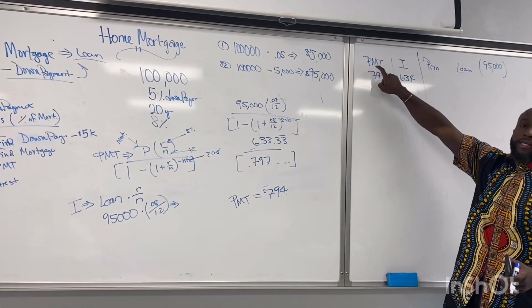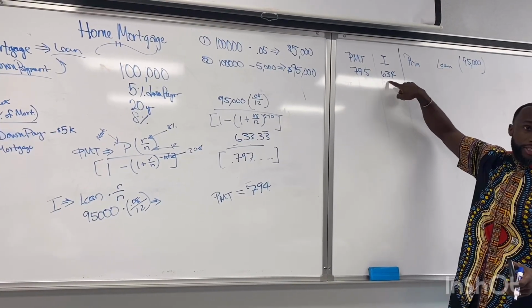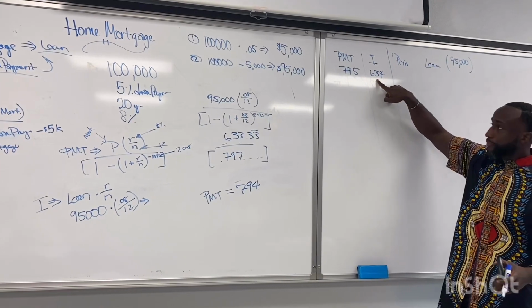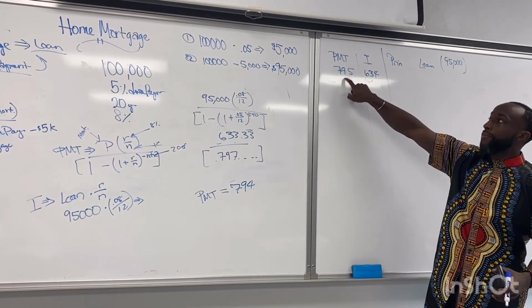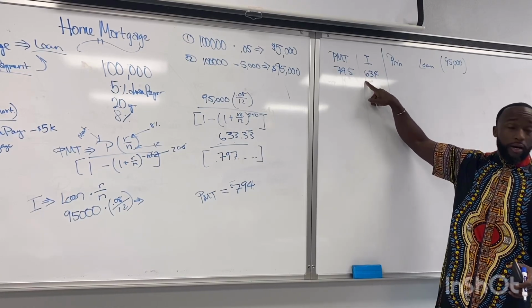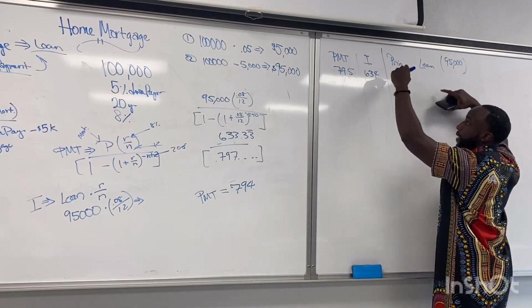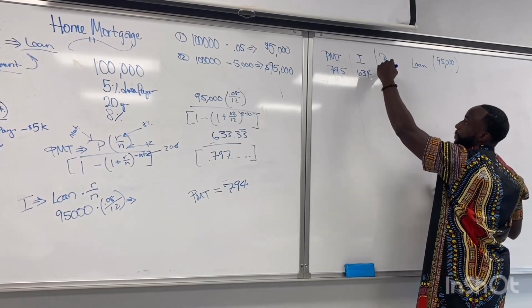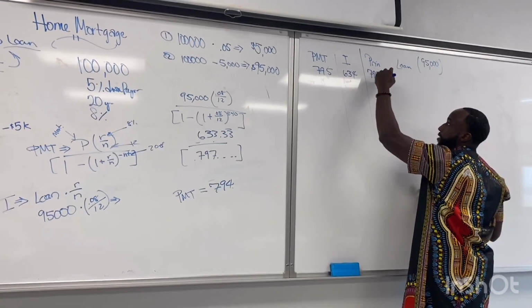So then your PMT, your interest is going to be 634. Your principal, in your first month of your payment, this money is going to the bank. The only amount that's going towards the house would be $795 minus 634.